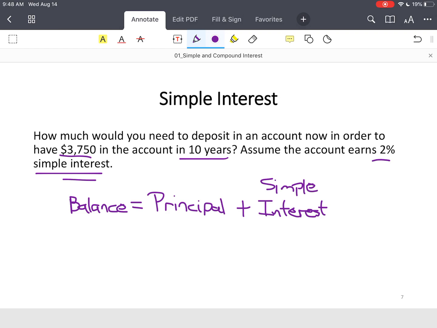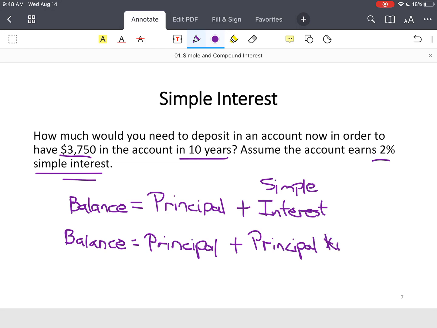So now, what we're going to do is this. We're just going to say balance equals the principal plus simple interest, we know is principal times the rate times the time.